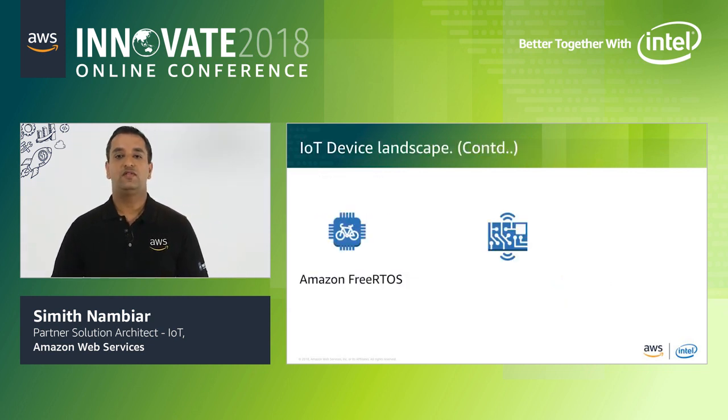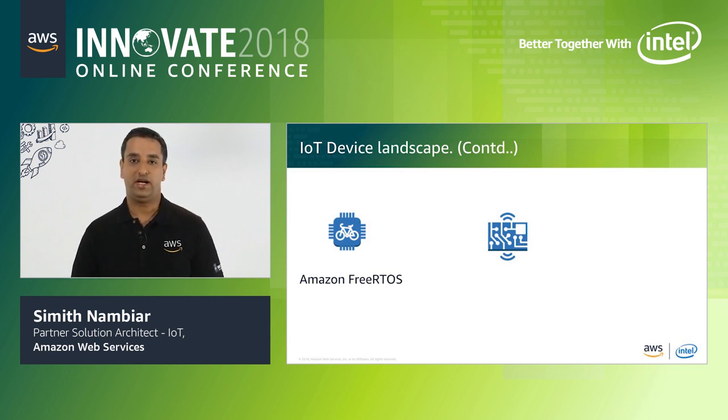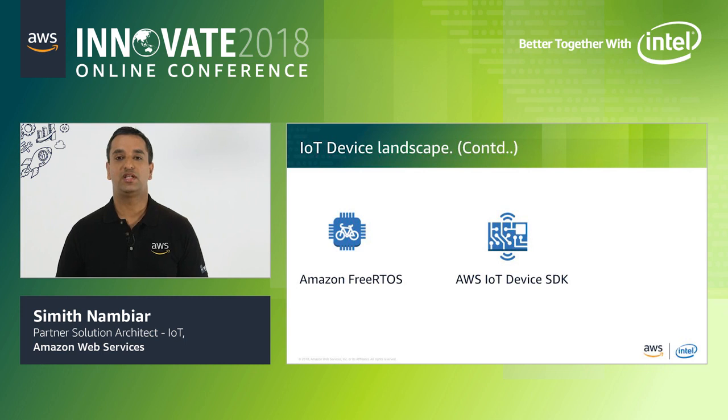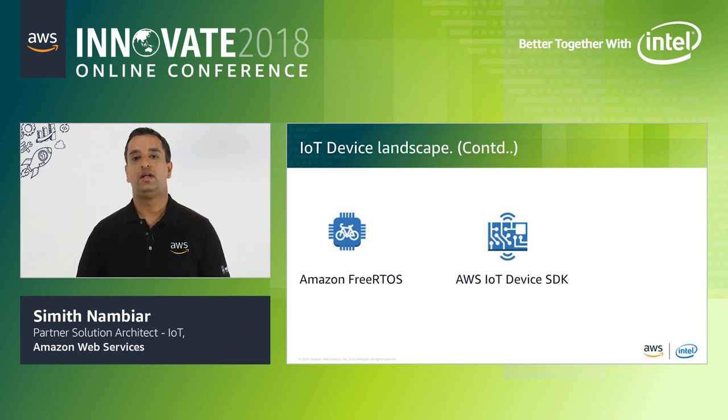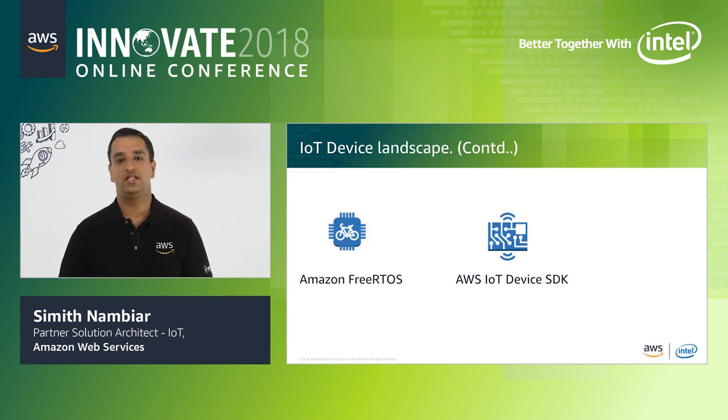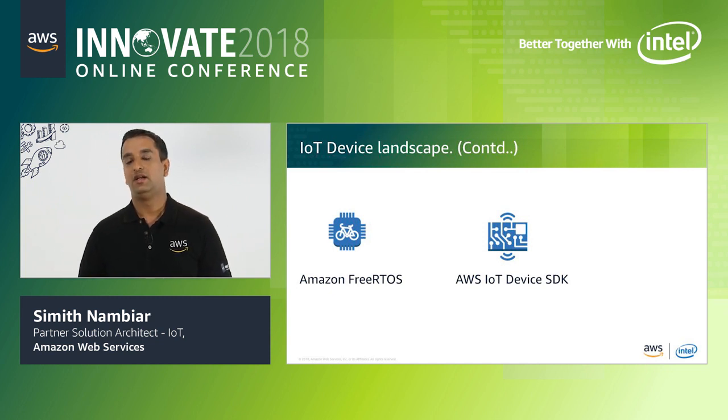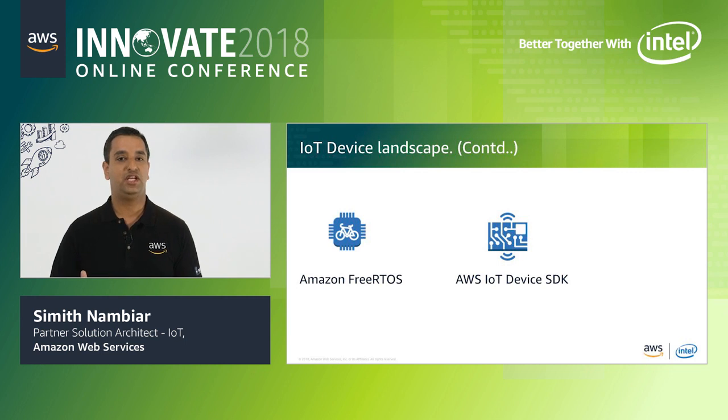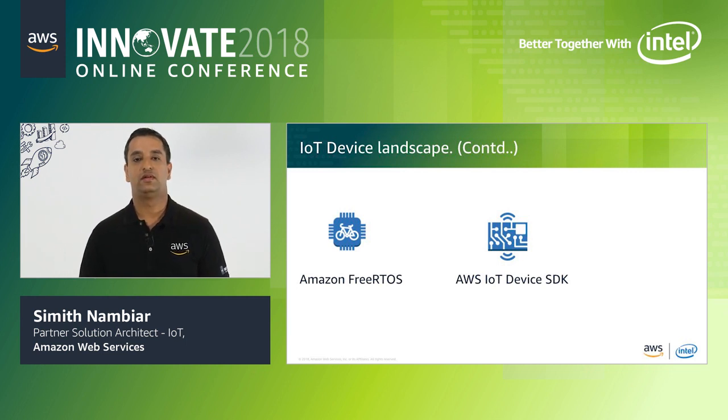We have another class of devices that might not necessarily be running FreeRTOS, but would still need to connect seamlessly to the AWS IoT Core. The AWS IoT Device SDK helps you to easily and quickly connect your hardware device to AWS IoT. It provides enhanced features so that your hardware device can seamlessly and securely work with device gateway and device shadows.